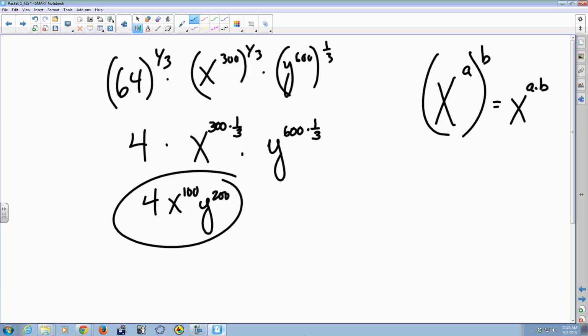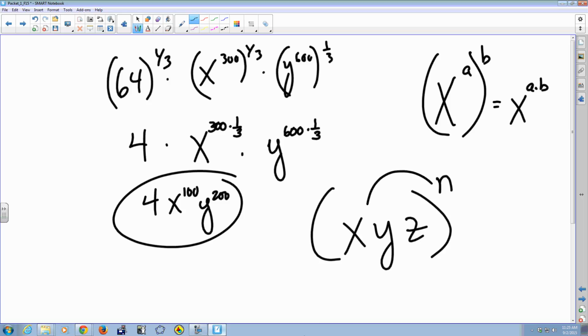So this is 2 exponent properties. The first exponent property you're applying has to do with a product raised to a power, and the power is applied to each factor. Notice there's no addition or subtraction here. It's all multiplication.